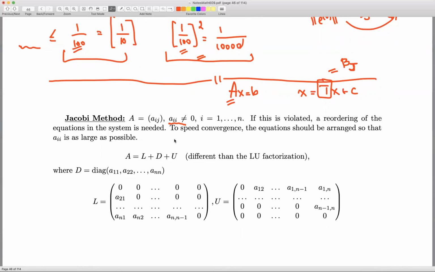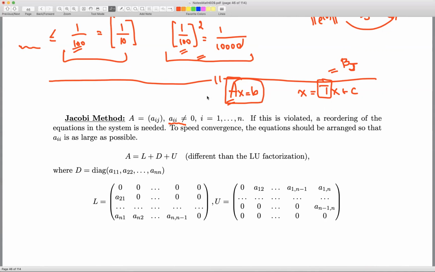This could be violated. If in the original system we have an element on the main diagonal that is 0, we can go back and reorder the equations in the system. Reordering the equations of the system does not change the solution of the system.